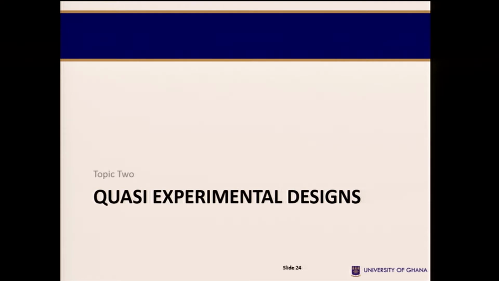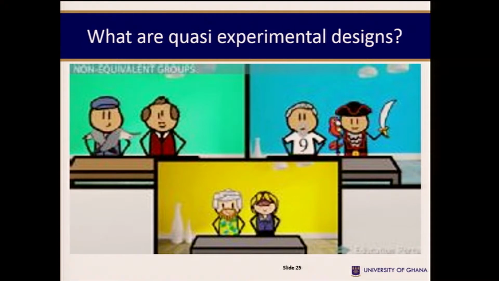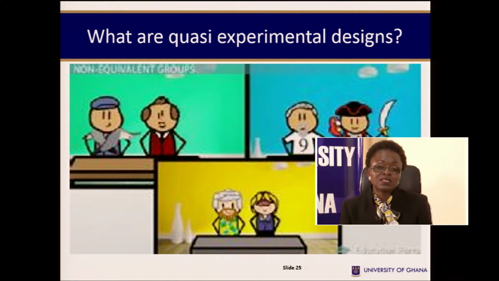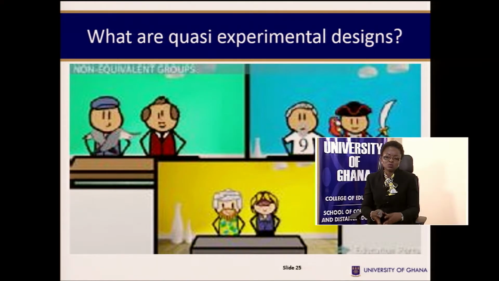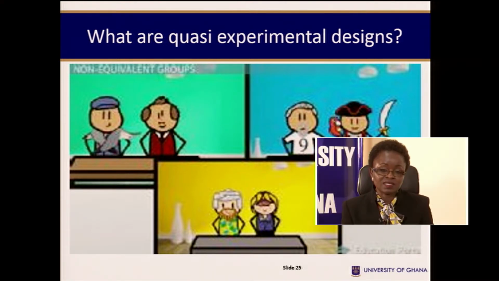Those were experimental designs. Now let's talk about quasi-experimental design. The word quasi is attached to experimental design because they are almost experimental design. Quasi means almost, so almost experimental designs, or in another way, they are experimental design, but one of the characteristics that we talked about is missing.